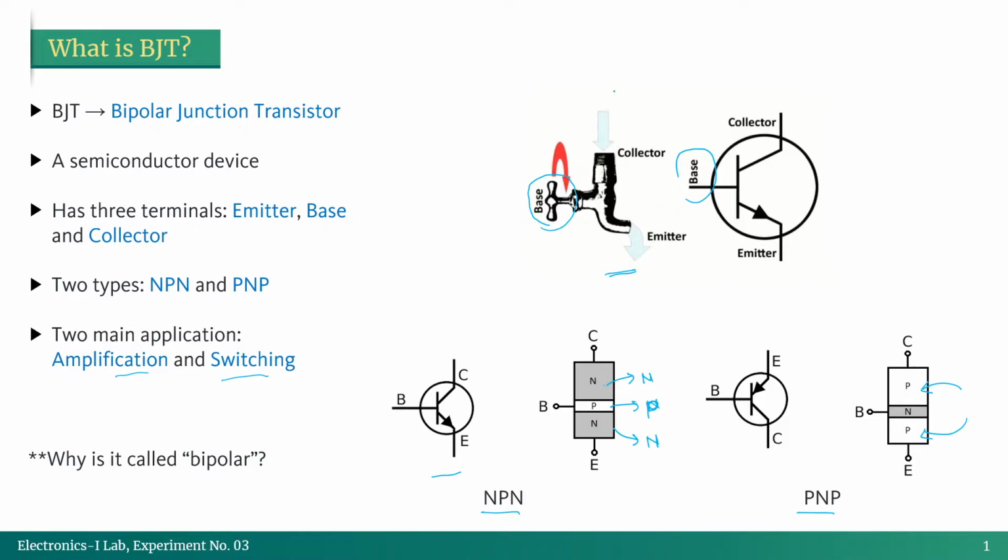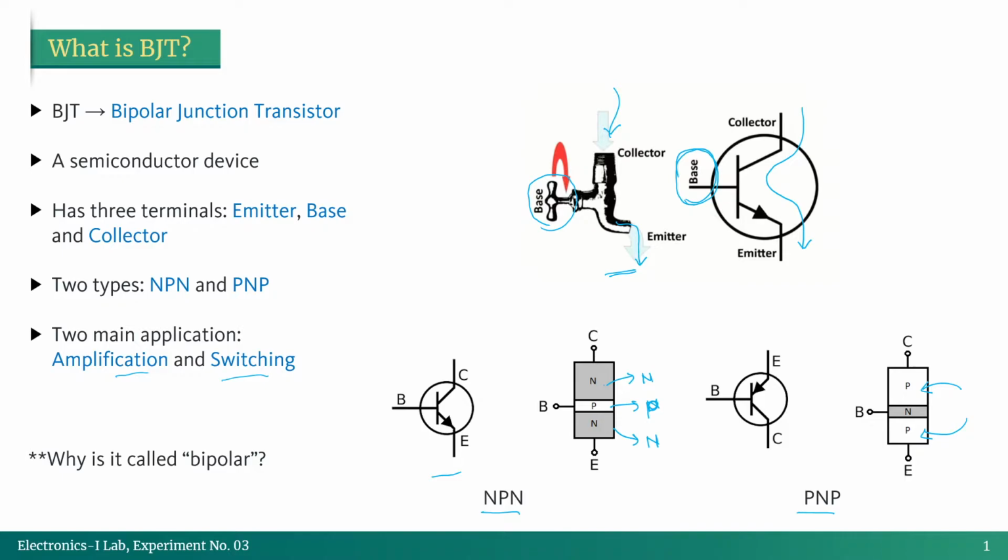As you can see, water is coming from here and water is going out there. In the same way, our base is controlling the current flow in our transistor. Current will flow from collector to emitter, but that will be controlled by our base. That's the general idea of our bipolar junction transistor.